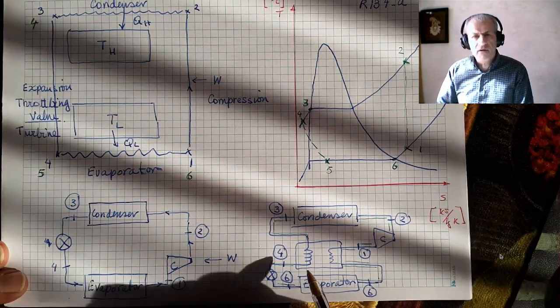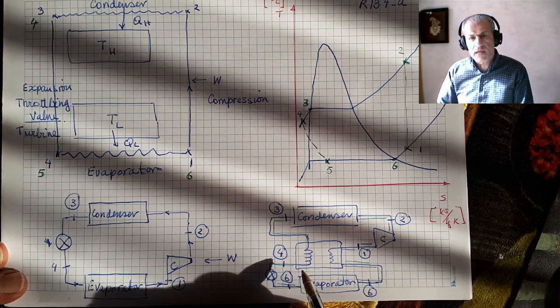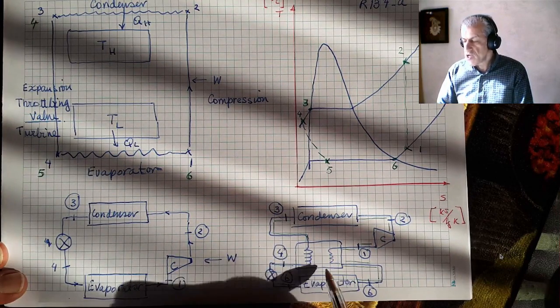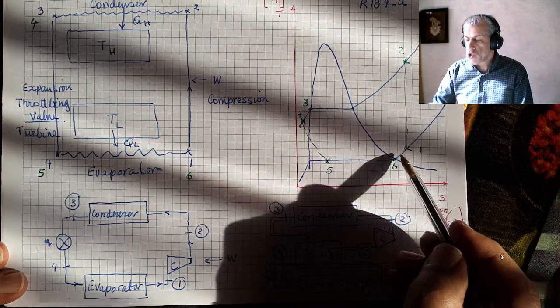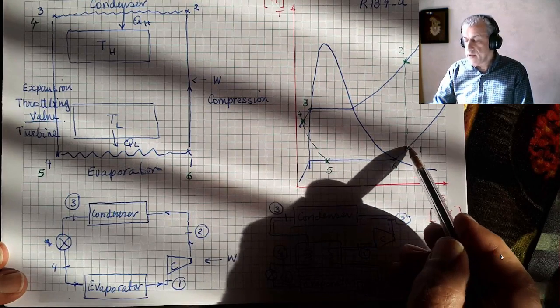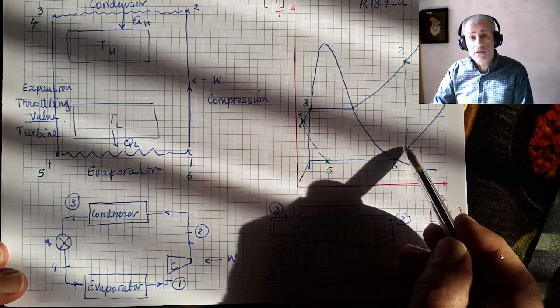And this is one further complication to the cycle, where there is a heat exchanger added to the cycle. The job it does is that it ensures that the medium that enters the compressor is in fact superheat.